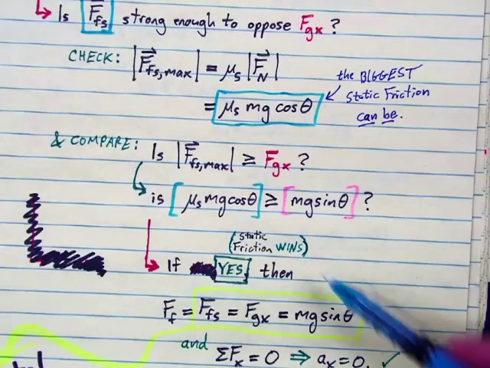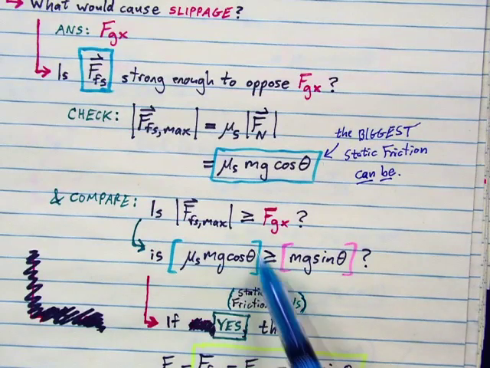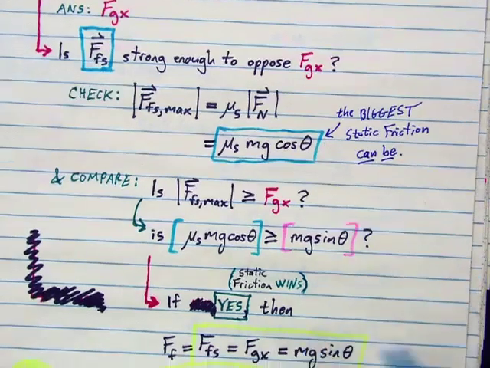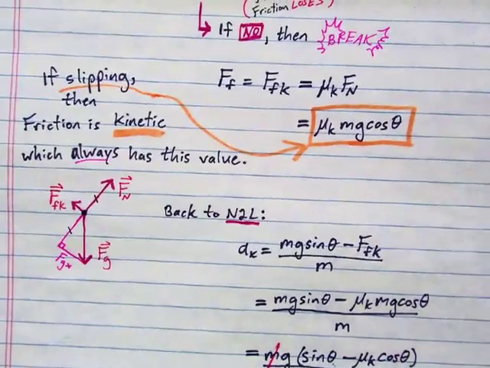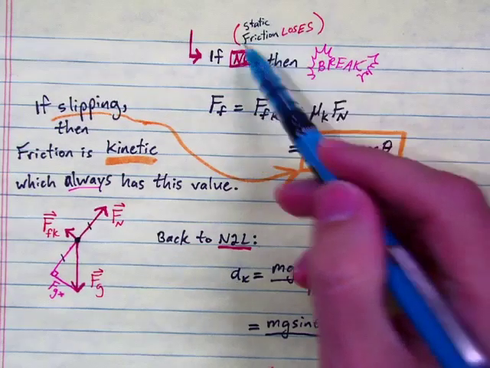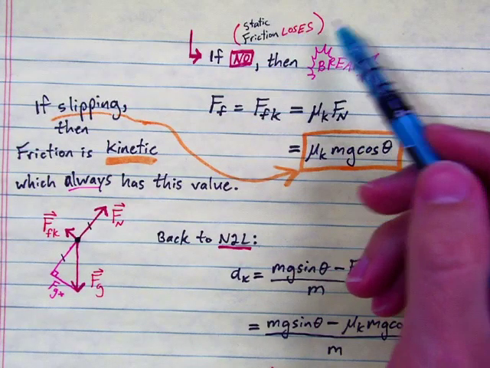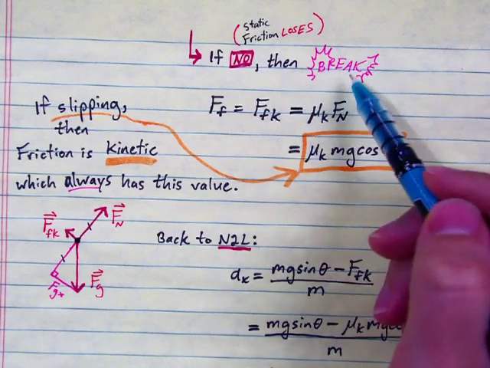All right, so that's what we do if we decide that static friction is big enough to oppose FGX. But what if it's not? If instead the maximum force of static friction is less than FGX, then gravity is going to cause the box to break static friction. It's going to start to slide.